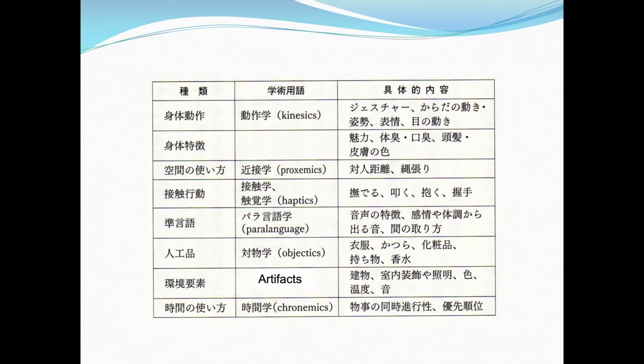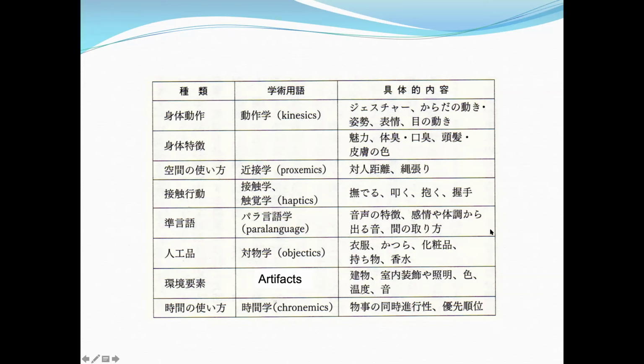It's not ignorance, at least. So for the paralanguage and object language, I included those belongings kind of things in artifacts. Man-made objects, or some kind of surrounding objects, are called taibutsugaku, I see.